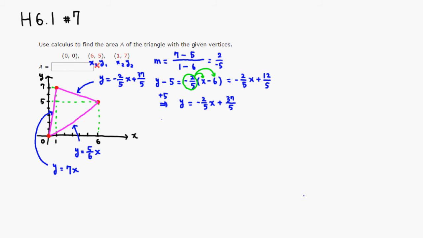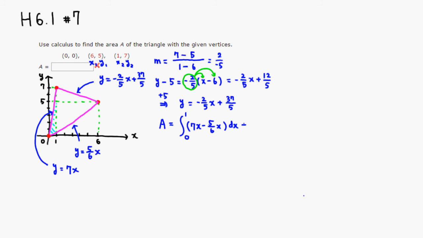So what we can do is just set up an integral. So A is going to be, let's do this portion first, from 0 to 1. This portion would be an integral from 0 to 1, the top guy is 7x minus the bottom guy, 5 over 6 x, dx, right?